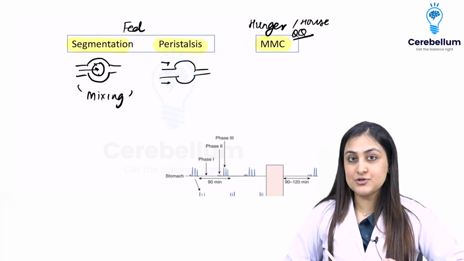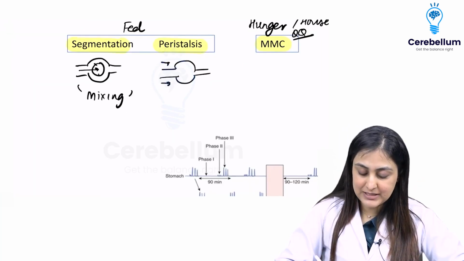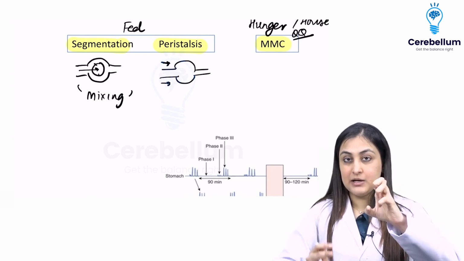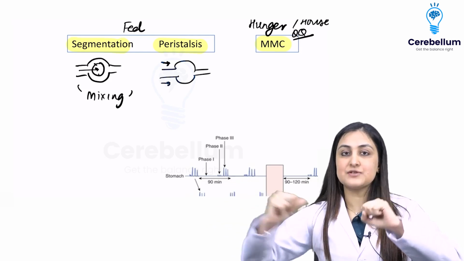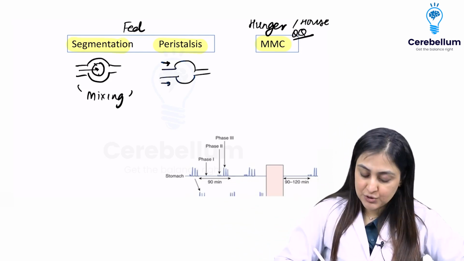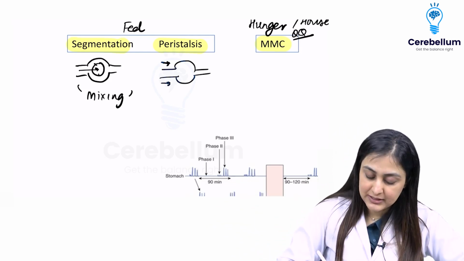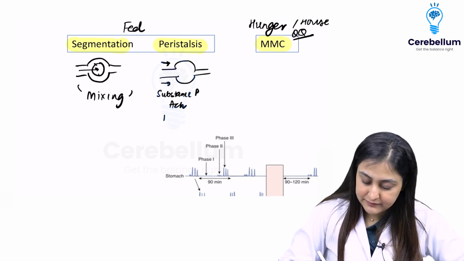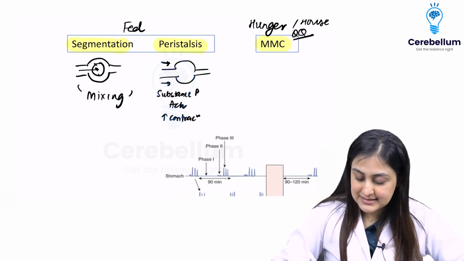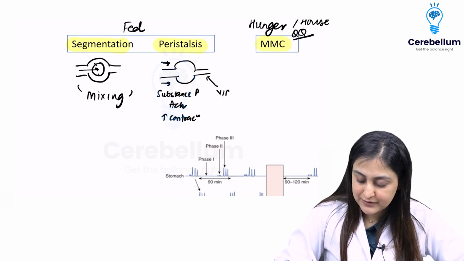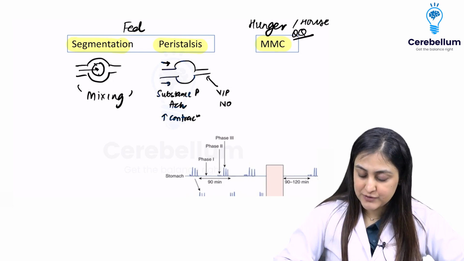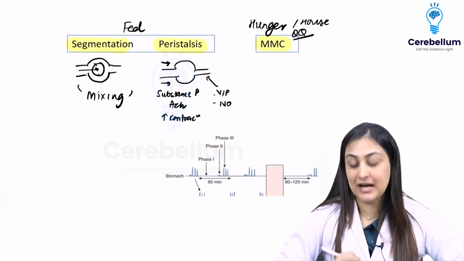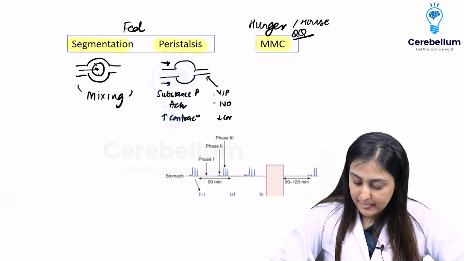Now for peristalsis to happen, you need to understand that one segment needs to contract, whereas the segment ahead needs to relax for the food to move ahead. The ones inducing the contractions here are substance P and acetylcholine, which increase the contraction, whereas what relaxes the segment ahead is VIP and NO. So VIP and nitric oxide are the inhibitory neuropeptides.